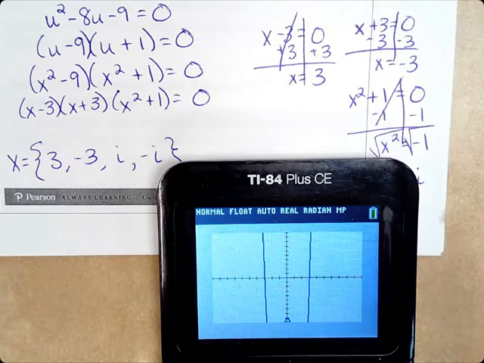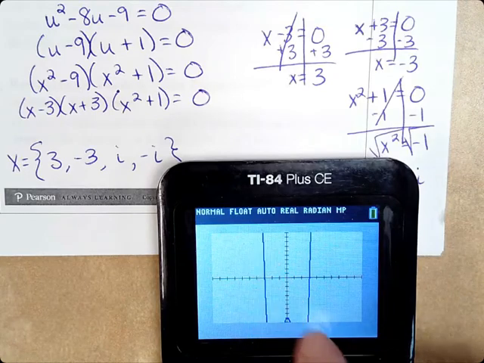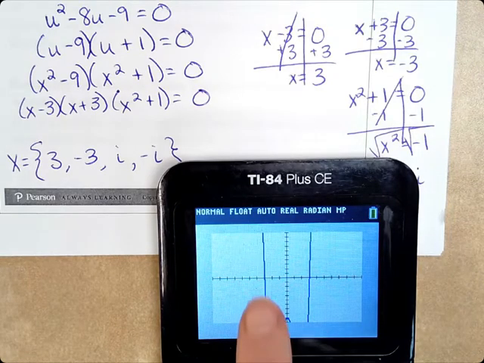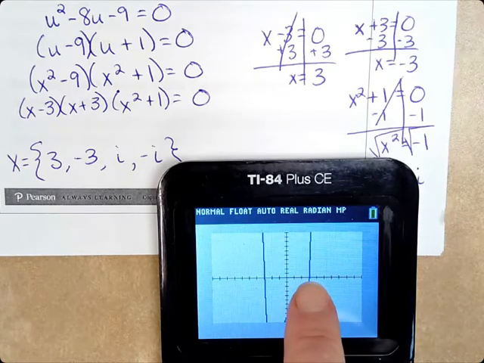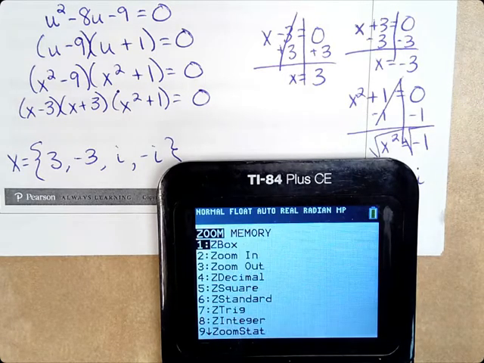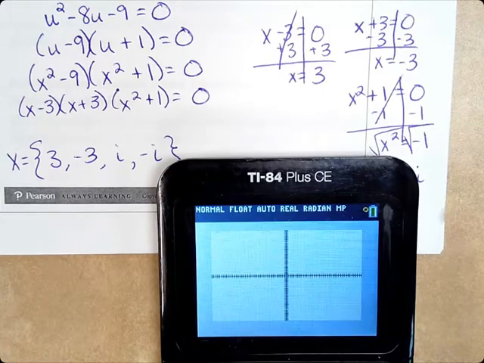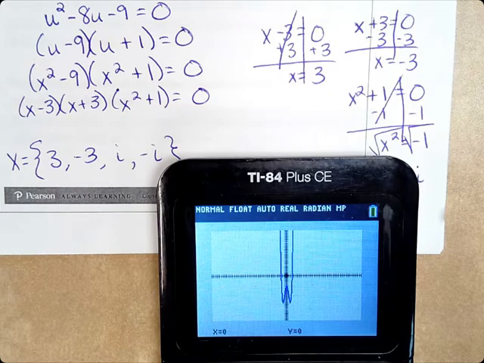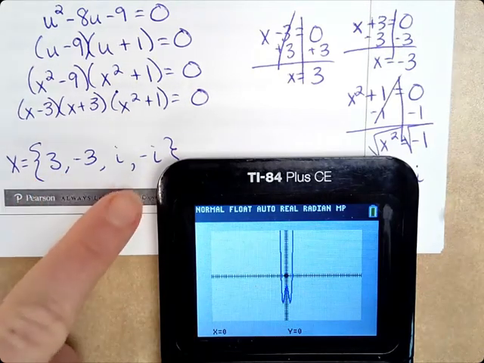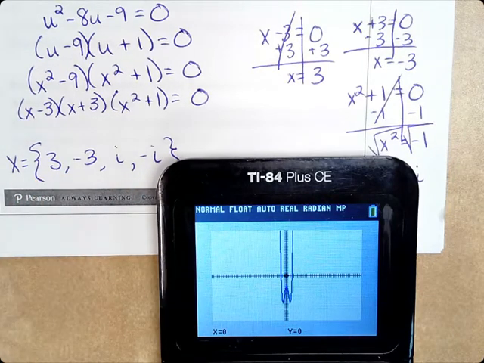Well, we really can't see it, can we? So they don't show up as solutions on the graph at all, right? Our only real solutions are -3 and +3. I do want to zoom out real quick, to see if we can see it. So we have 2 real solutions and 2 imaginary solutions.